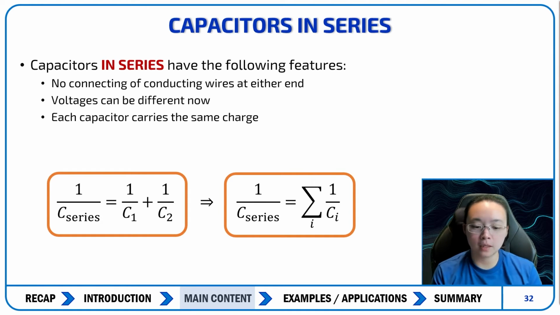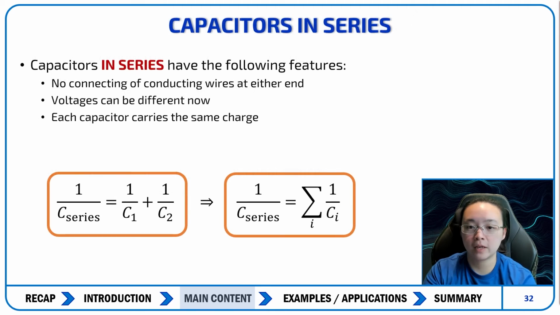So think about if you start off with one terminal of the battery, and then you have one line going to the other end, and you add in a bunch of capacitors along that line. You'll note that the same charge is going to flow through all of the capacitors, which means that the charge will be the same because it's carried throughout, but the voltages can be different for the different capacitors.